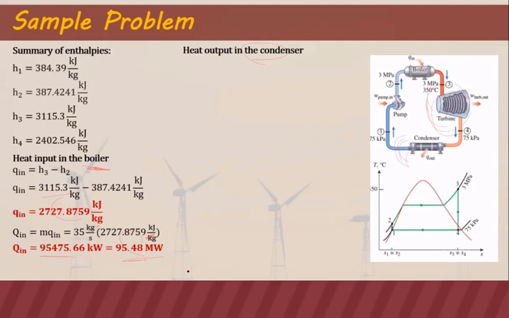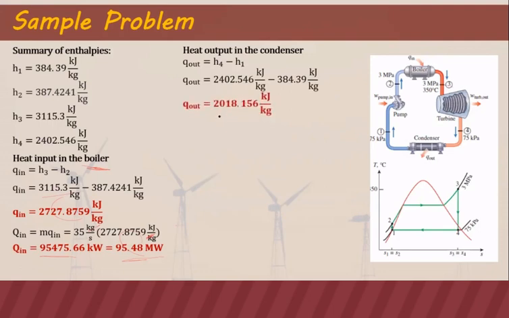So the heat output in the condenser, if you look at our schematic diagram, is just the difference in the enthalpy at point 1 and point 4. So our Q out is H4 minus H1. Substituting the values, our heat output in the condenser is 2018 kilojoules per kilogram. And then if we multiply it by our mass flow rate of steam, our power output is 70.64 megawatt.